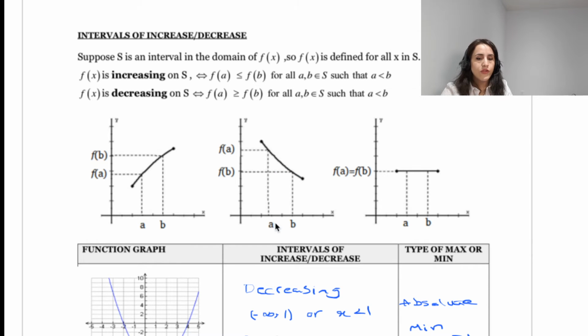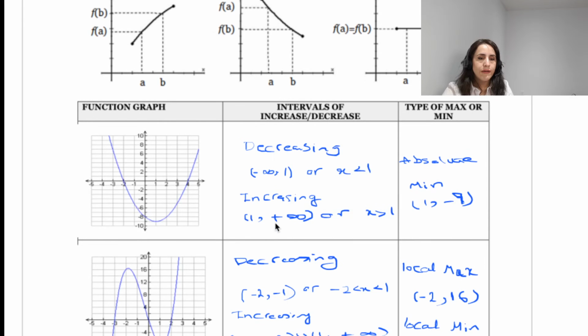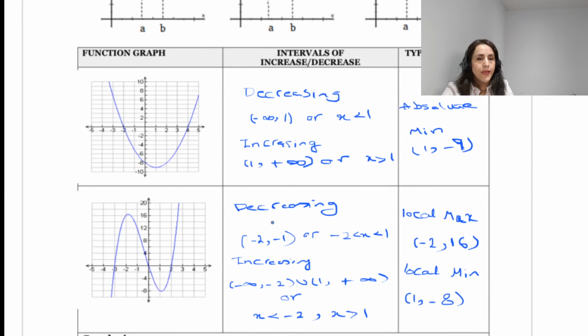There are a couple of questions here. I'm going to go over here. It is a parabola. For this parabola, I cannot say this function is increasing or decreasing, because when I'm driving from the left side, the function is going to take me down to this point. After this point, the function takes me up.